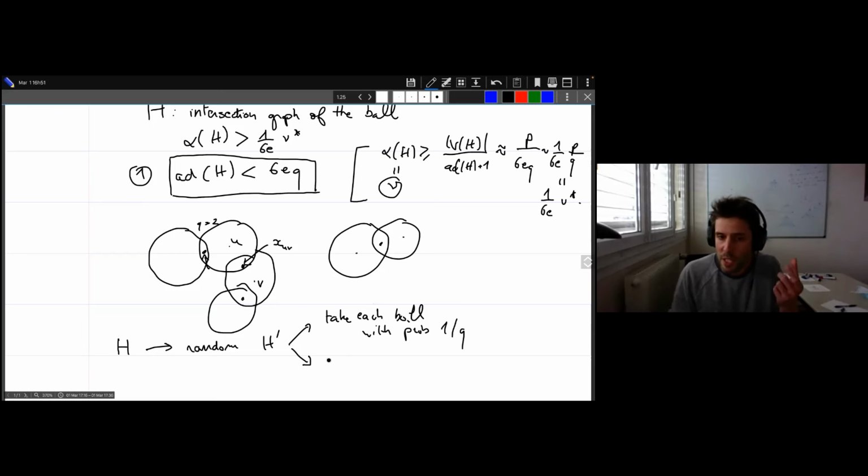And now I keep the edge uv in H prime if u and v were both selected by our random choice. And this vertex x_uv is now only contained in the ball of u and the ball of v.